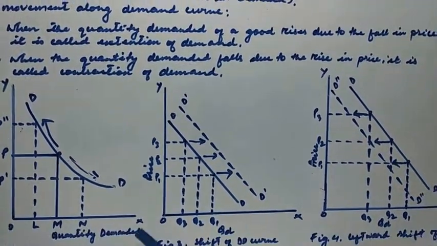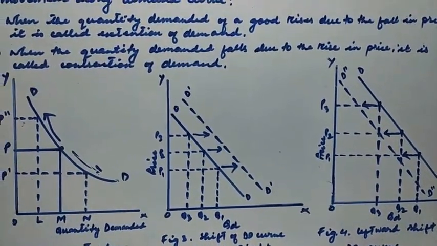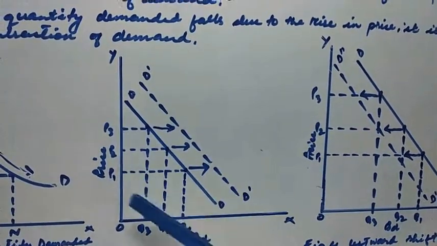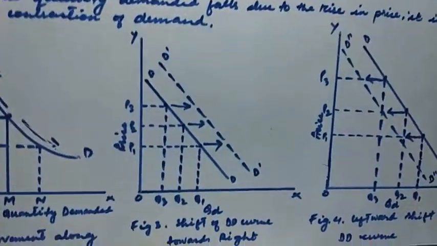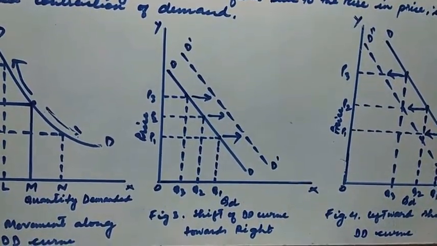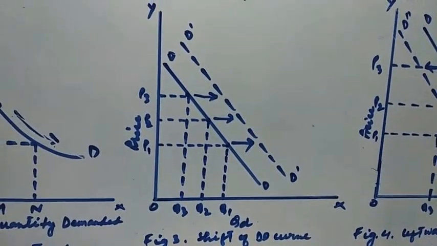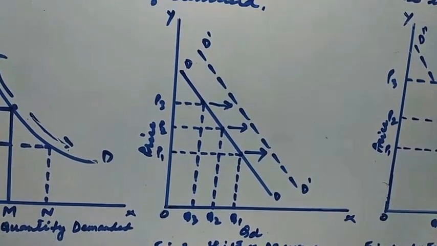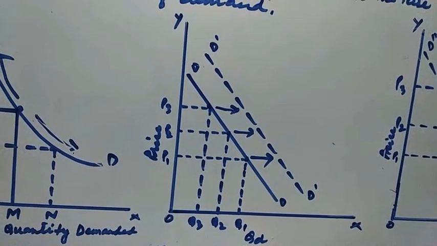So we shall see the case of an extension of the demand curve. Here is the graphical representation of a shift or extension of the demand curve. Let us take an example. For instance, the income of the consumer increases, say due to a hike in wages and salaries, or due to the grant of a dearness allowance.